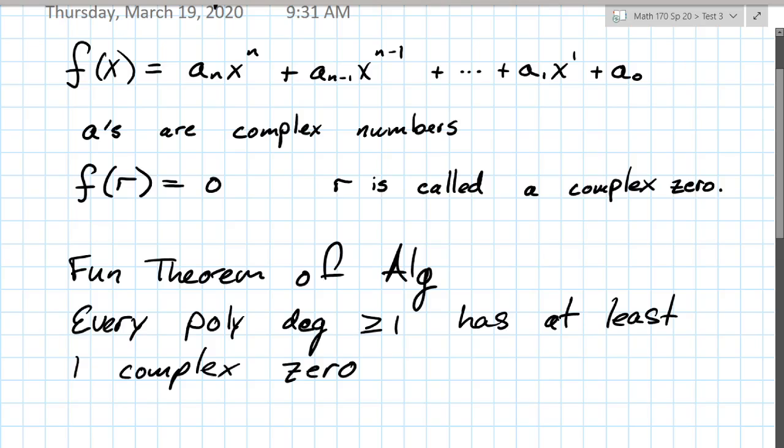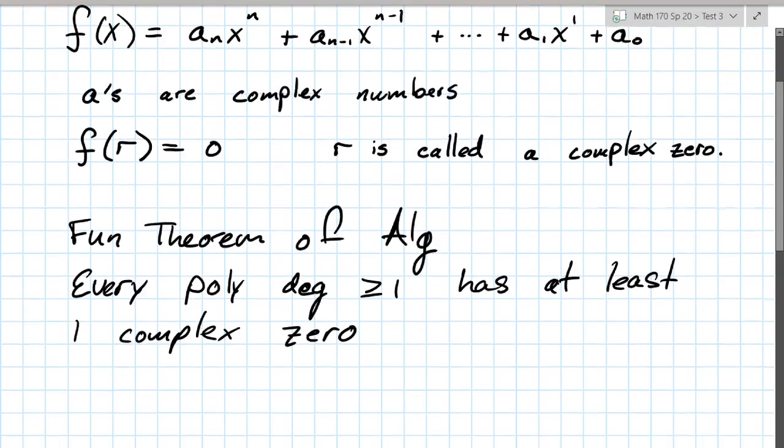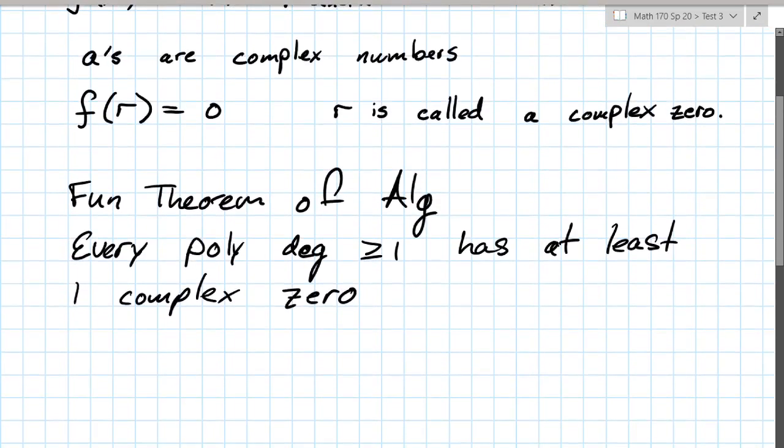And every complex polynomial function of degree n greater than or equal to 1 can be factored into linear factors. And that's a big deal.